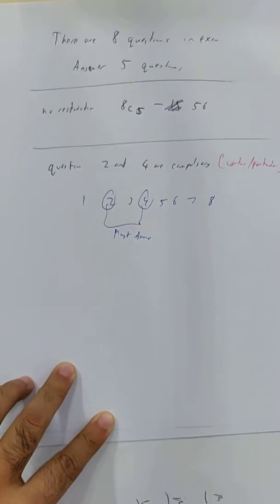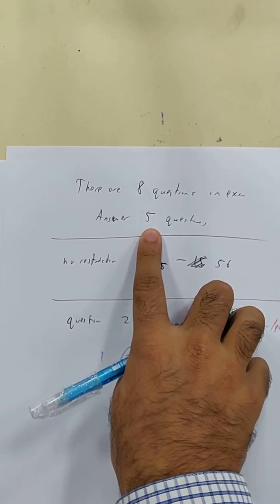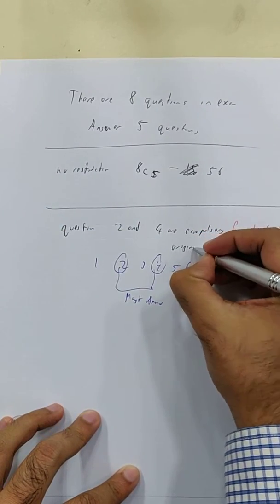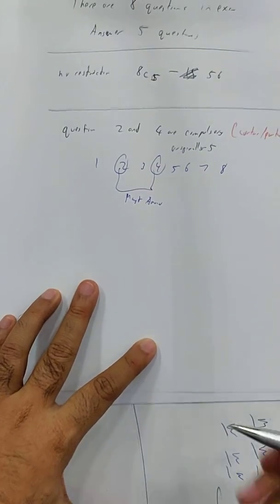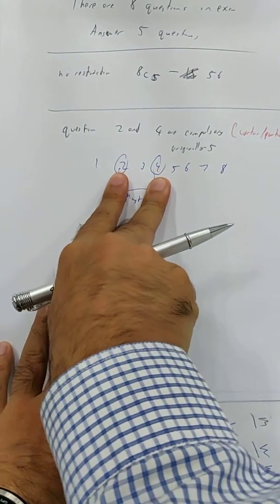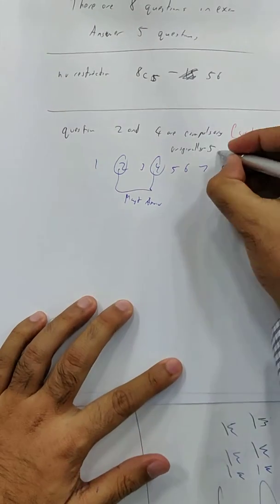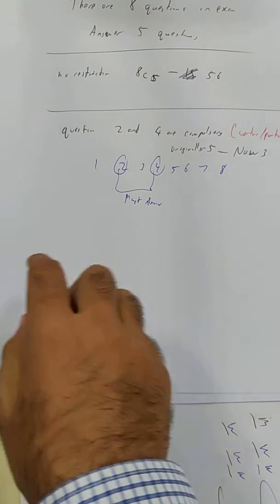How many questions must you answer from the beginning? Originally 5, right? So that means out of 5, you have chosen 2. How many do you still need to answer? Now 3. How many questions do I have left? 6.